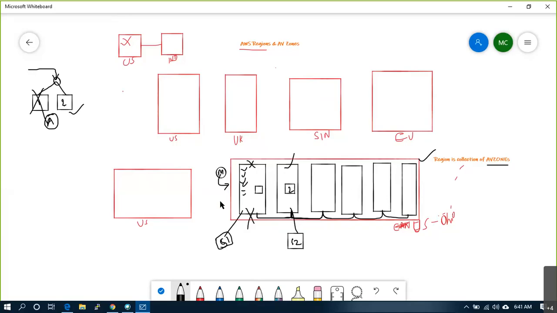In fact, all the regions have private backend connectivity, that is a different story. But within a region, they have good bandwidth so that they can replicate huge data between the zones.